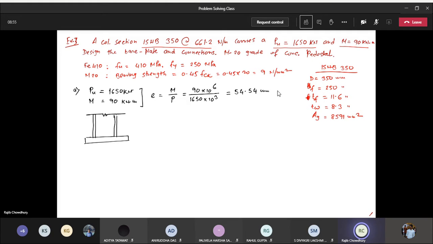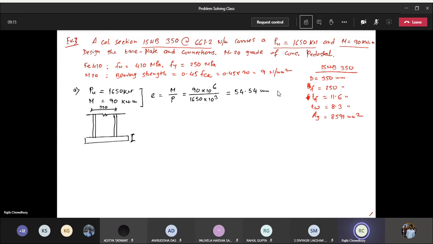So this is actually your 350 length, 350 mm, let's say I am providing over here.